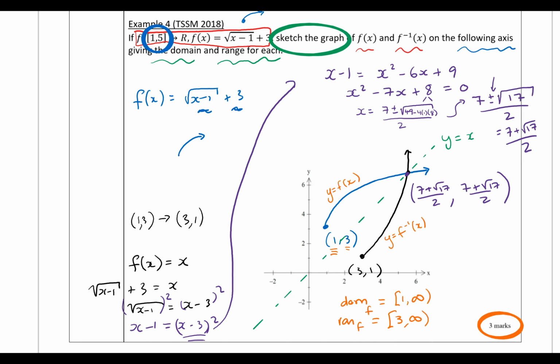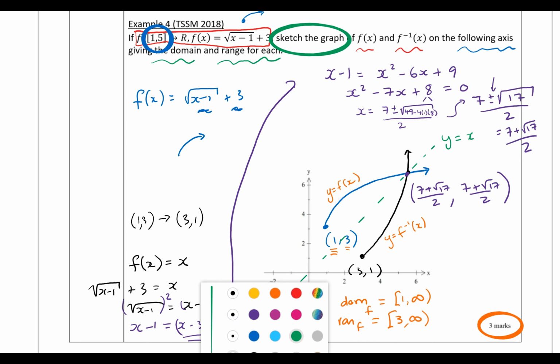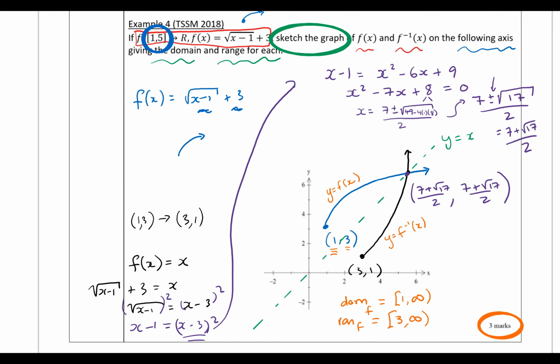Well, these need to swap for my inverse. So the domain of the inverse is equal to 3 to infinity. The range for the inverse is equal to 1 to infinity. And we can see this because the lowest x value is 3, so that's where that comes from. The lowest y value is 1, that's where that comes from.